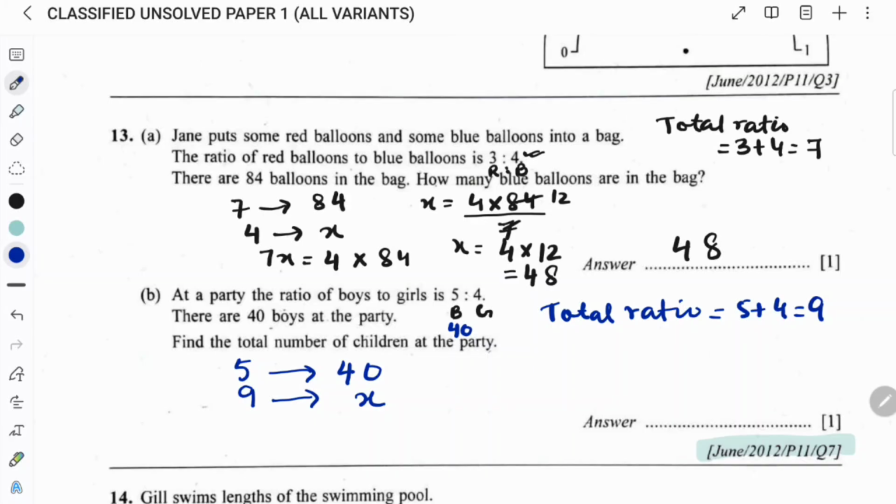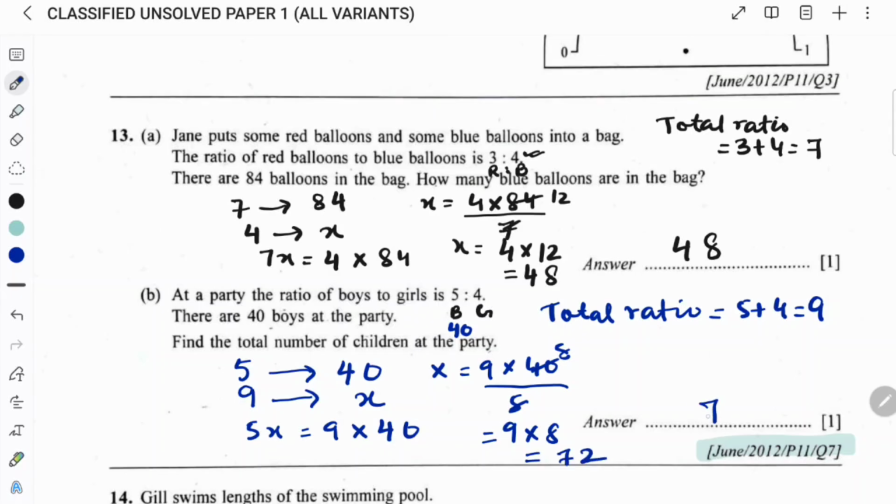Calculations: 5x is equal to 9 into 40, then x is equal to 9 into 40 divided by 5. 5 times 8 is 40, and 9 times 8 is 72. So 72 is the total number of children at the party.